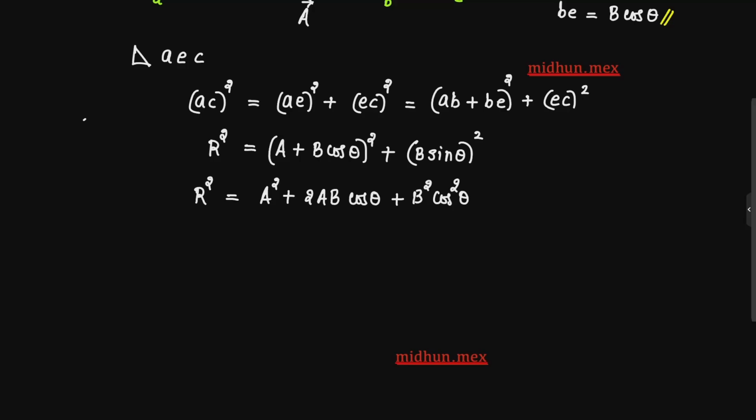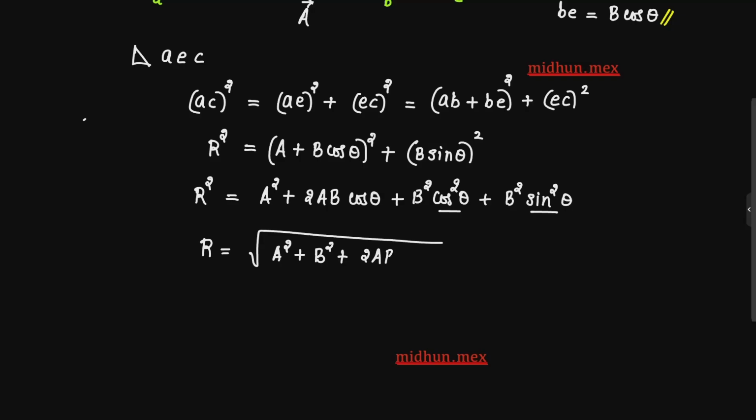From the other term I will get B square sine square theta. And we know cos square theta plus sine square theta is 1. Therefore, the resultant R has a value root of A square plus B square plus 2AB cos theta.